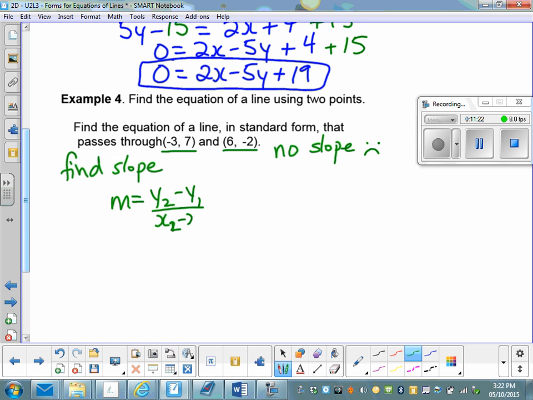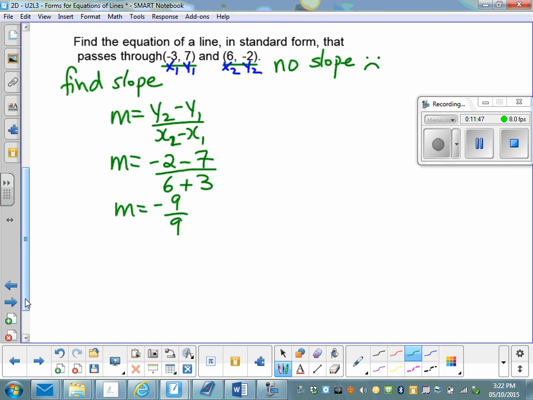So if I plug these in, x1 and y1, x2 and y2, it's going to be negative 2 subtract 7 in the numerator, and 6 subtract negative 3, so 6 plus 3 in the denominator. So we end up with m equals negative 1.